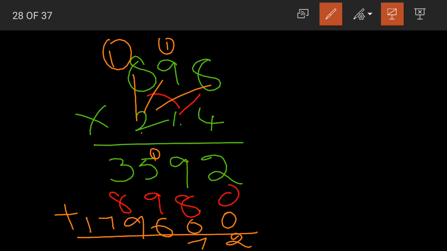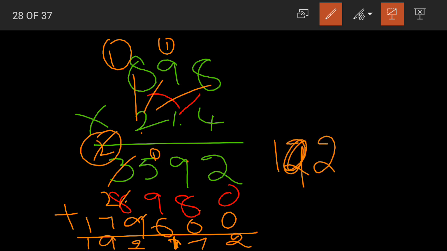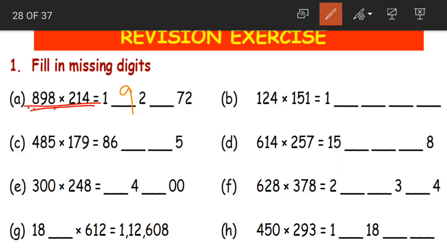Here we have 1 plus 5, 6, 6 plus 9, 15, 15 plus 6, 21, 2 carried. 5 plus 8, 13, 13 plus 9, 22, 2 carried and 19, 192172. What is our answer? 192172. So this will be our answer here. 192,172 is our answer, and 9 and 1 will be our missing digits.